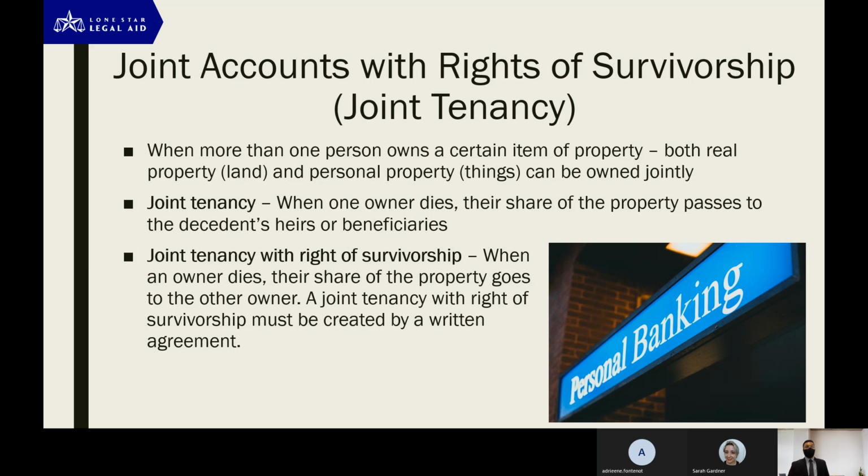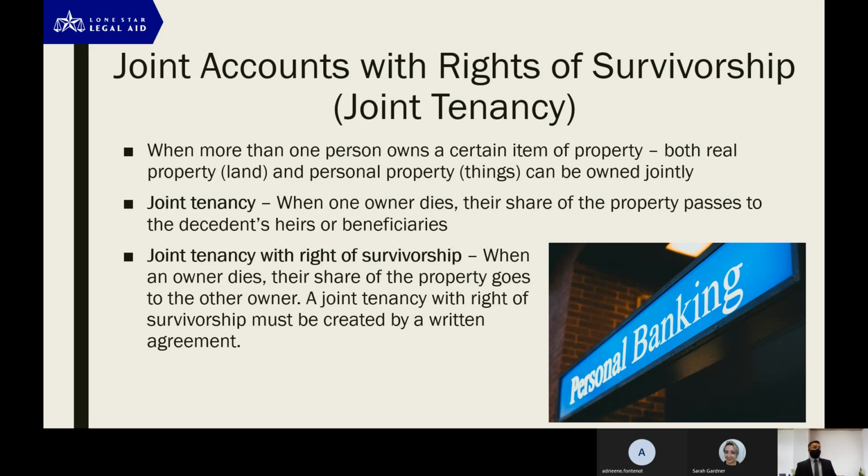You just need to ask for one to designate who you would like to receive the remains in that account upon your death. That's another way to keep an account or a piece of property out of probate, because one of those payable on death forms, when completed and registered with the financial institution, is a valid way to get that asset out of probate.